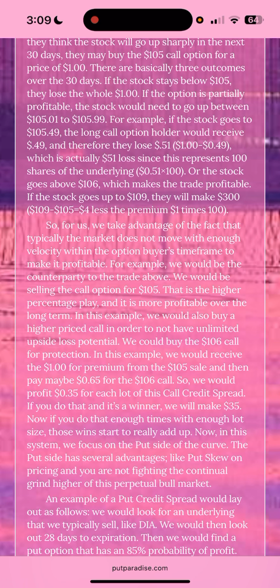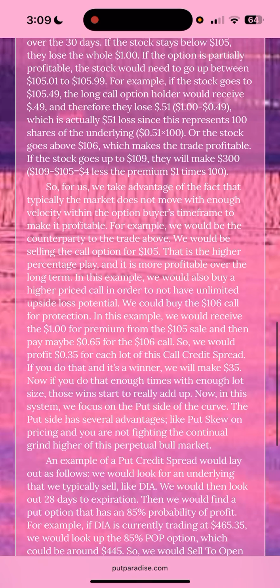So let's say it goes up to 109, they would make $3 times 100 shares, which would be $300 basically. The way that works is that 109 minus 105 is 4, and then the premium that they bought it for is 1, or $100. So they would lose that $100 and they would end up making $300 net.